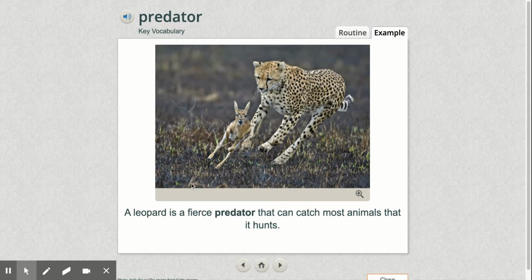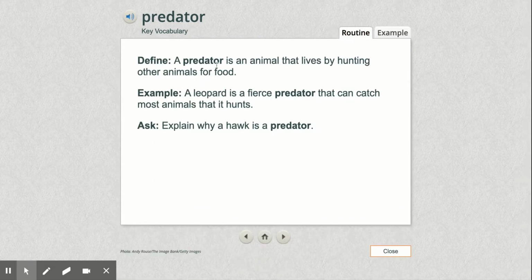So predator is the animal that is doing the hunting. For example, here, this leopard is hunting the little baby gazelle, it looks like. It says a leopard is a fierce predator that can catch most animals that it hunts. So if we look back at our definition, the predator is the animal that lives by hunting other animals for food.